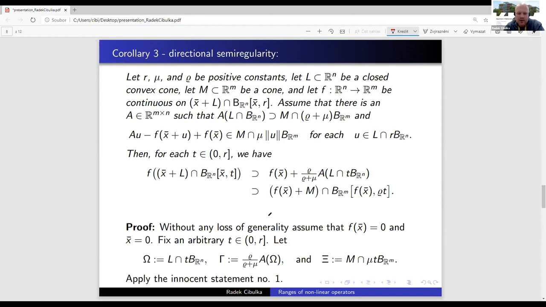So now I am not in Banach spaces, but I am in finite dimensions. Assume that you have a linear mapping represented by a mapping A, and your A is surjective in such a way that you have some constraints on the solution represented by a closed convex cone L, and here your right-hand sides are chosen to be in some prescribed cone in R^m.